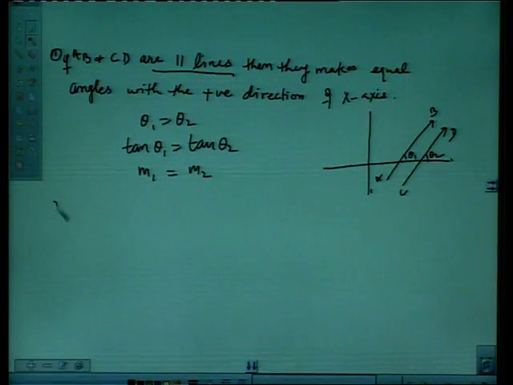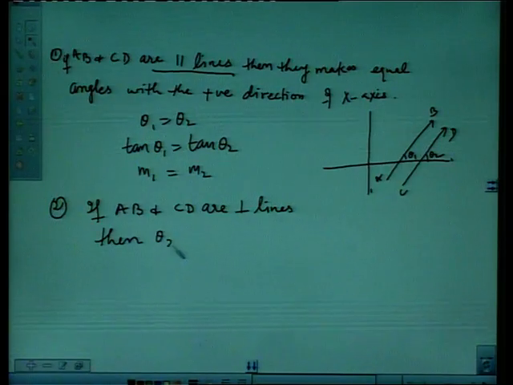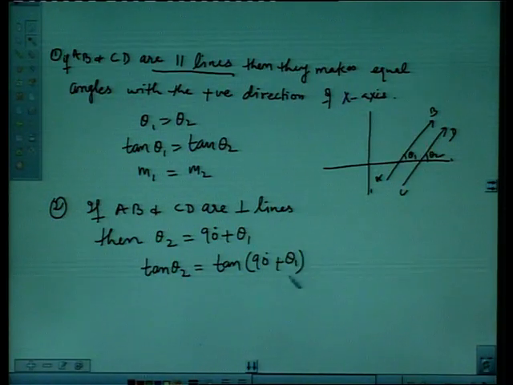Number 2, if AB and CD are perpendicular lines, then theta 2 equal to 90 degrees plus theta 1, and we can take tangent both sides. Tangent of 90 plus theta 1 is minus cot theta 1, in the second quadrant where tangent is negative.